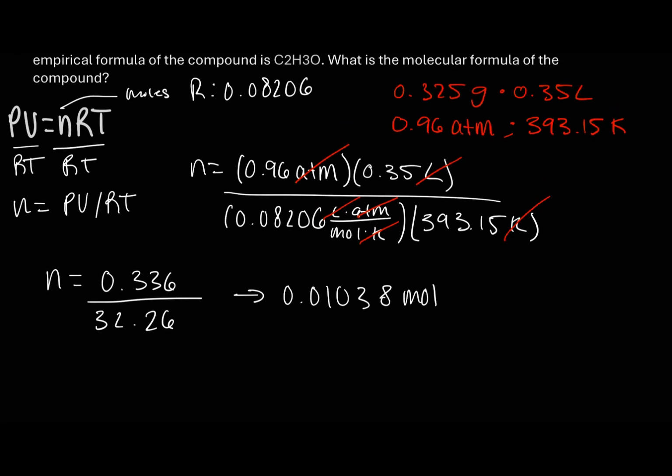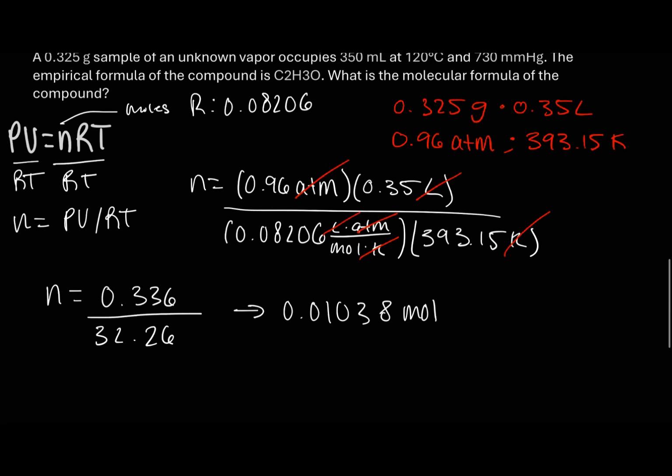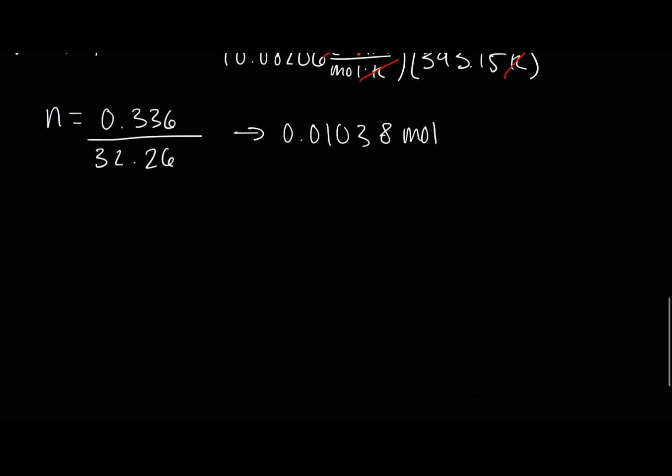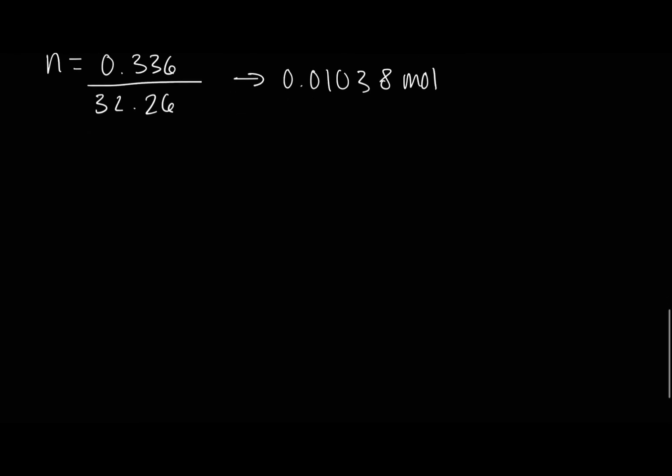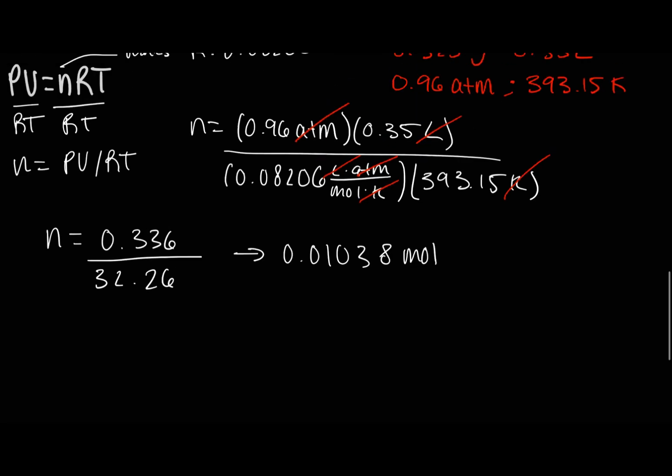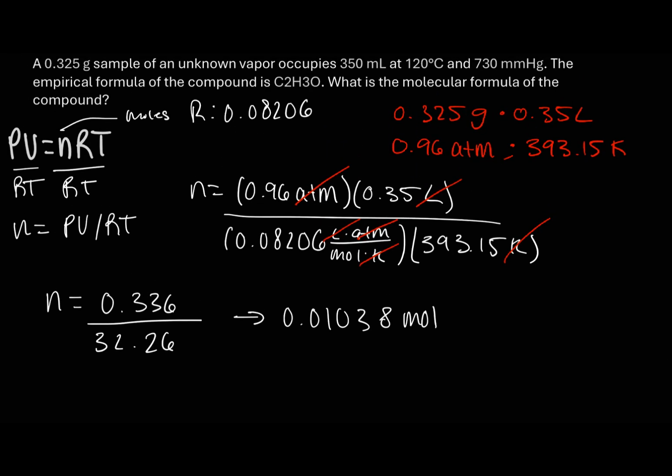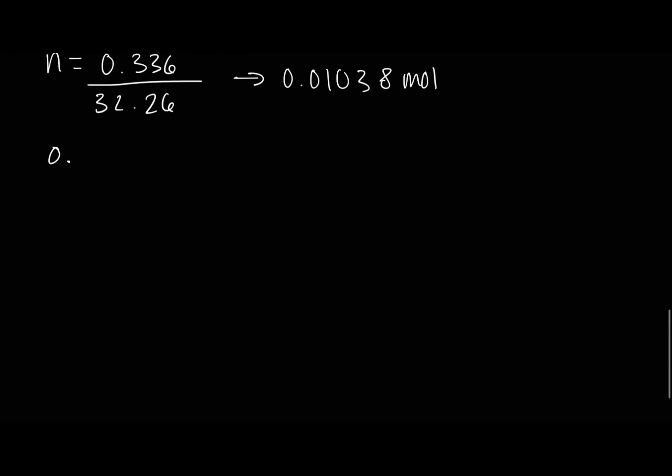Now, we also know that we have 0.325 grams. So now that we have our moles, we can solve for our grams per mole, which would be our molar mass, and divide 0.325 grams by 0.01038 moles.